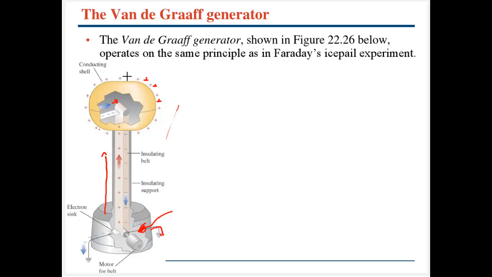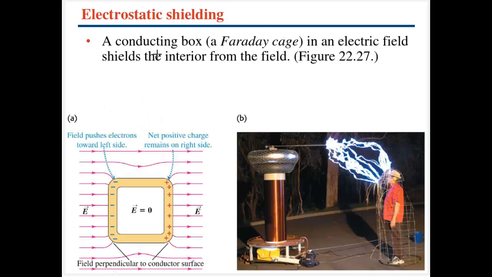Having large electric fields means we can actually have a lot of voltage, kind of getting a little ahead of ourselves with the discussion of voltage. We can also use this concept that the electric field inside of a conductor must be equal to 0 to create an electric shield, also known as a Faraday cage. If we consider a conductor inside of an electric field, all of the negative charge is going to be attracted to this side simply because the electric field is flowing in that direction.